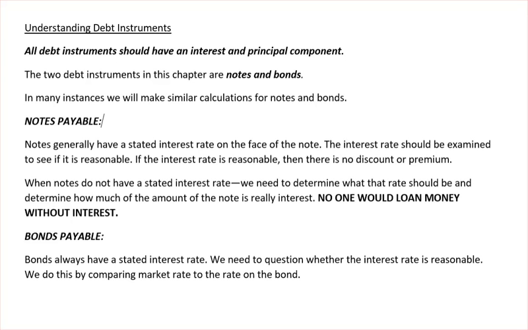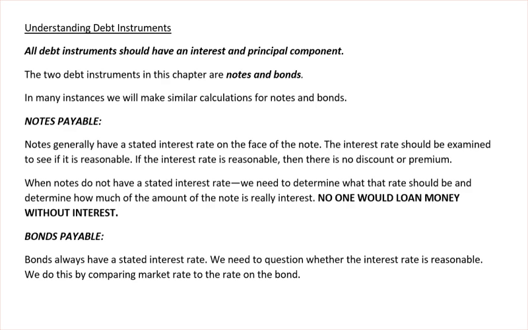Well, it looks like we're on the starting page of our previous discussion with the problems, but actually I just want to go back over it a moment with you because one of the things we are doing in this chapter is recognizing that all financial instruments should have an interest and a principal component.